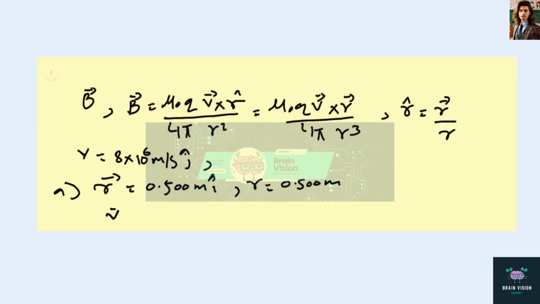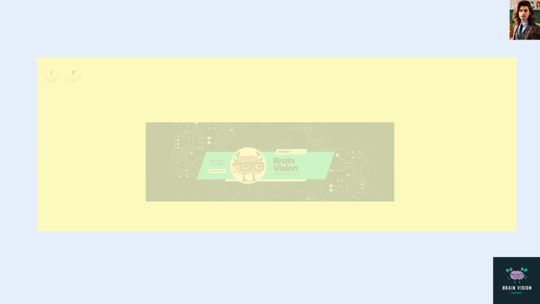Then v cross r will be simply minus v r in the k direction. We'll substitute this value in our formula for B. So B is then minus mu naught q v divided by 4 pi r squared, k.